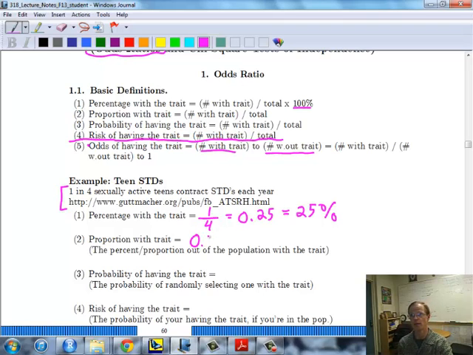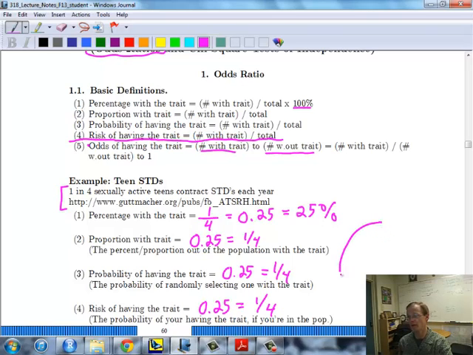Proportion, of course, is just going to be 0.25. You could also have a fractional form, 1/4. Probability, same thing. Risk, same thing.